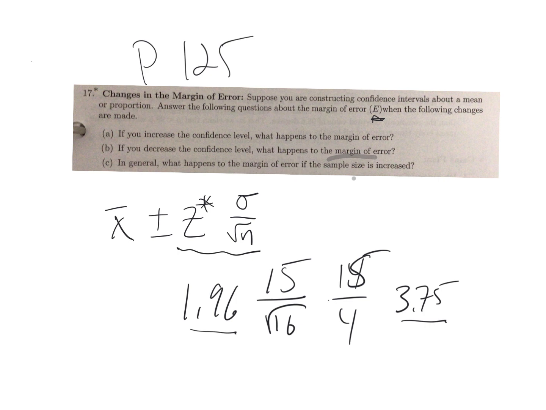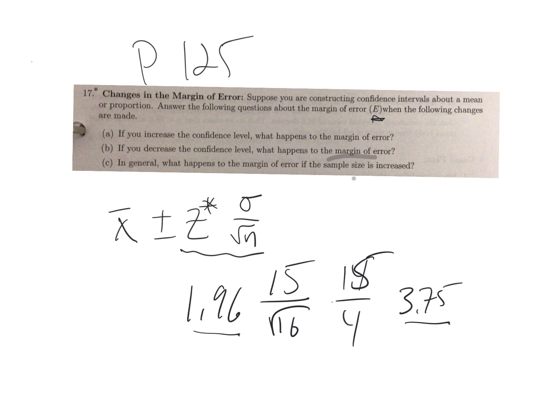What if we increase the sample size to 49? We can take the square root of 49, which is 7. So 15 divided by 7 is about 2.14.